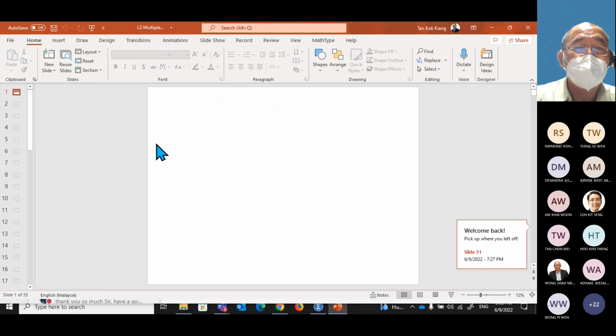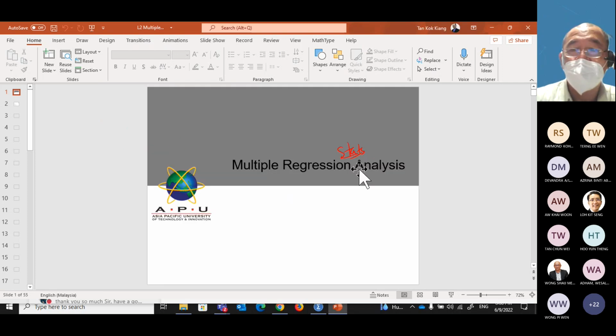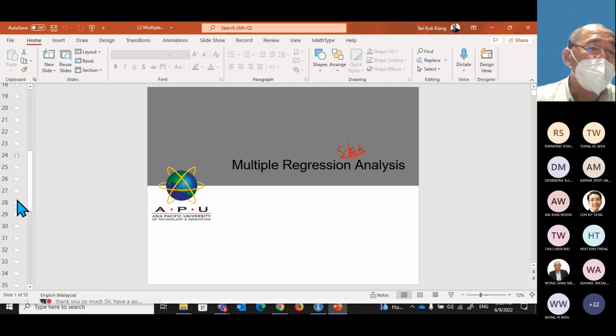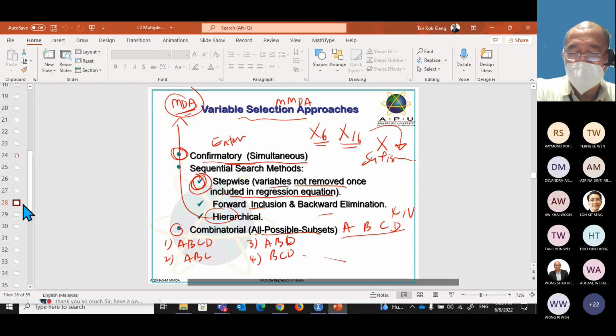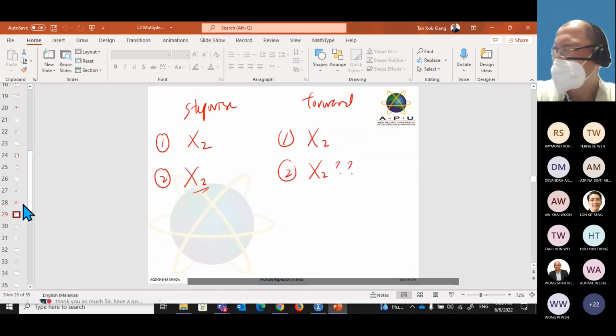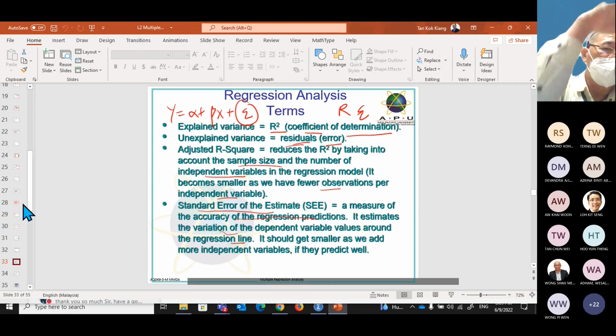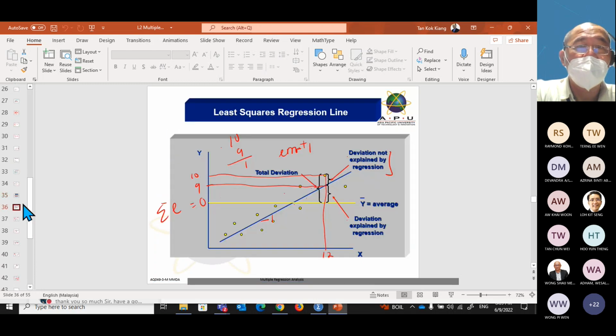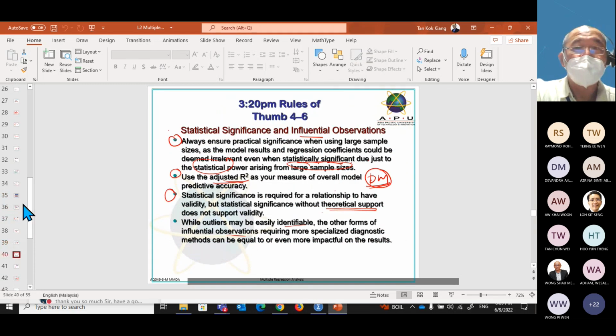Residual means error, so now we focus on the error. Take note because some of this may be useful for you to test the assumptions. We discussed a bit just now the problem of multicollinearity. Now we see three more.